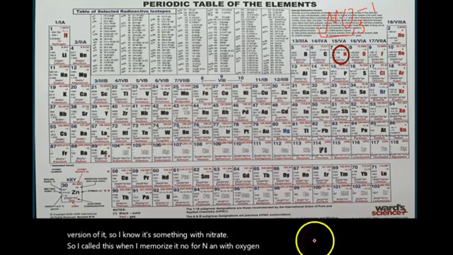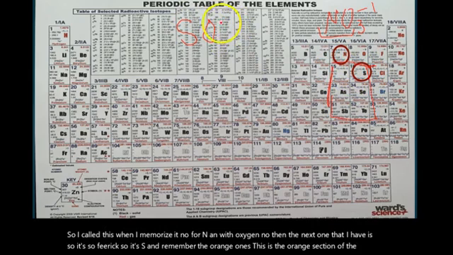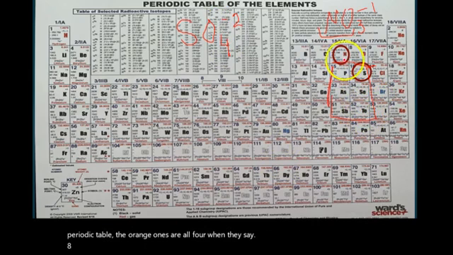Then the next one that I have is SO. It's sulfuric, so it's SO, and remember the orange ones, this is the orange section of the periodic table. The orange ones are all O4 when they say -ic. So those would be the X. So far I have NO, SO.